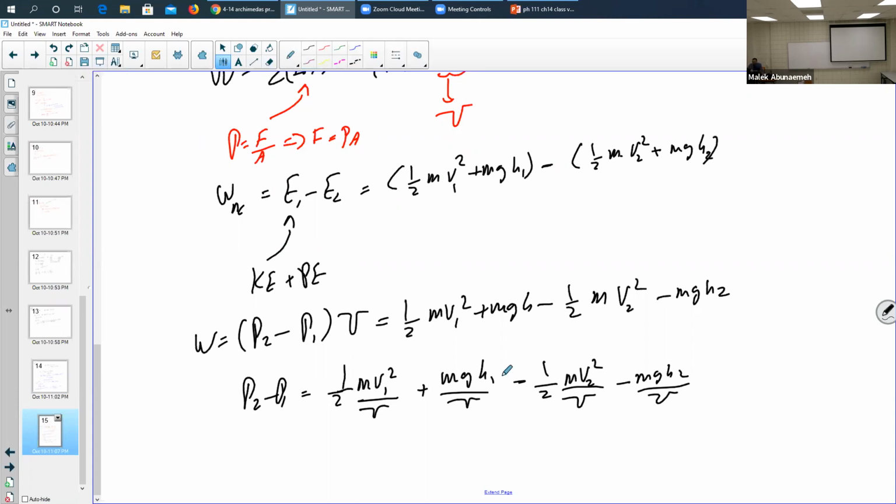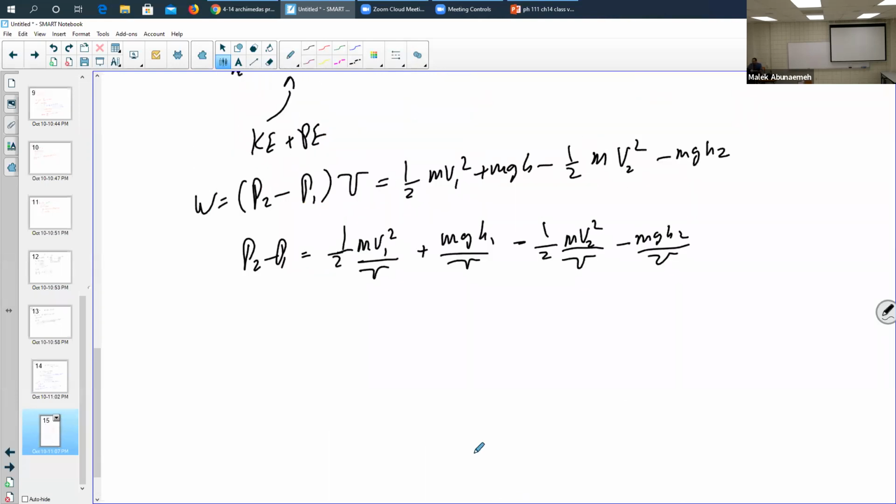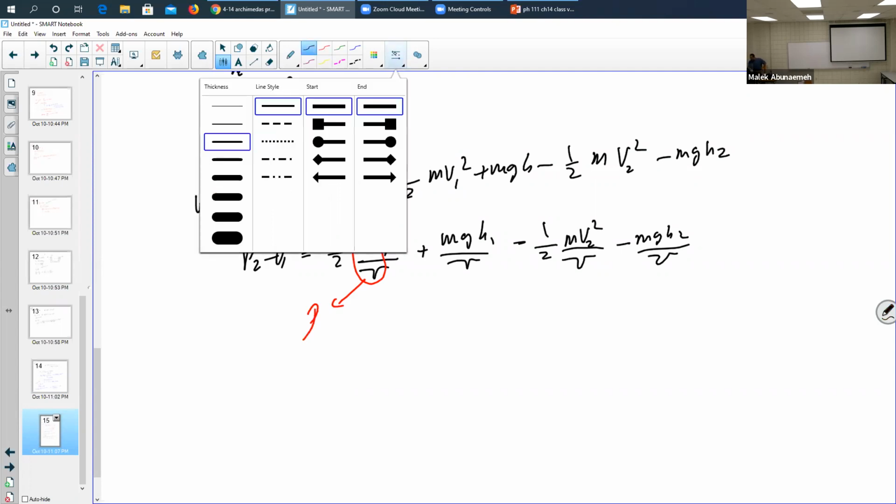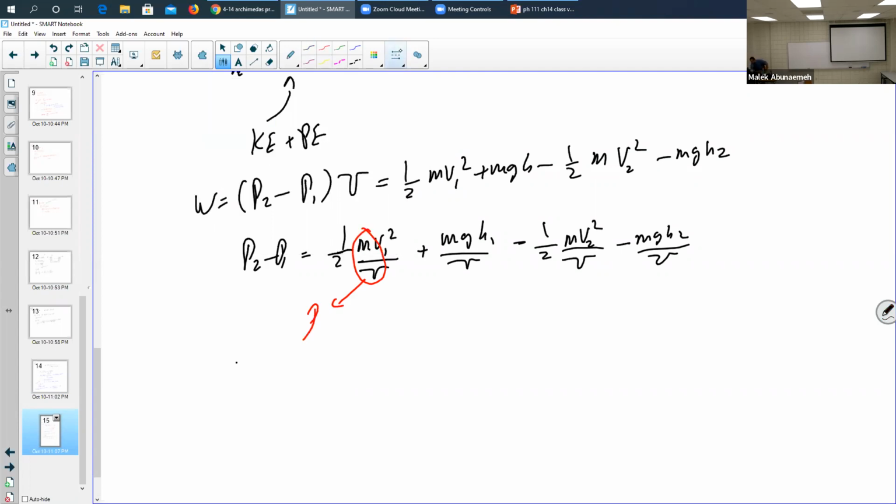And again, if you notice, we have mass per volume right over here, which means that's your rho. That's your density. That means your P2 minus P1 is going to equal 1/2 rho V1 squared plus rho GH1 minus 1/2 rho V2 squared minus rho GH2.